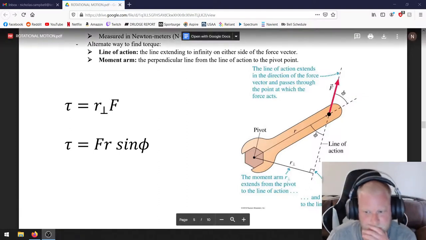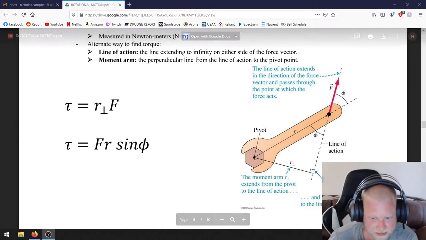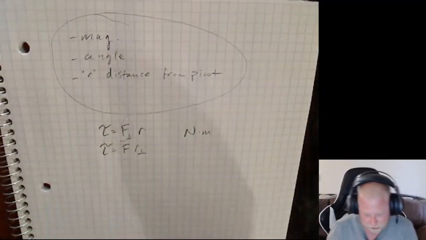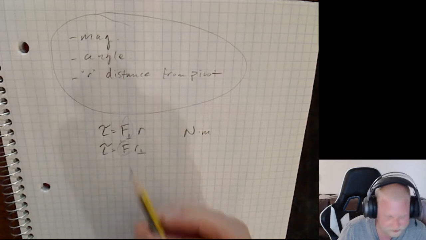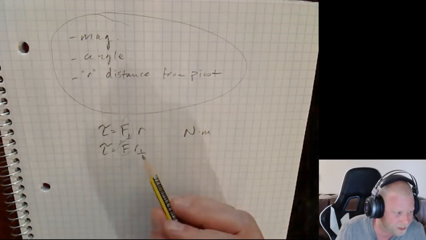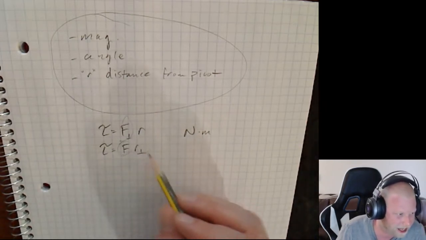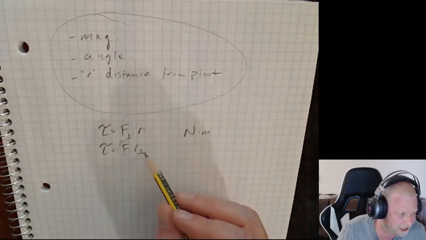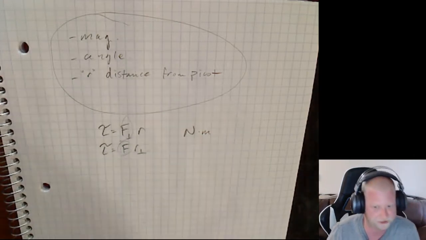Now, what you want to do then is look at taking a ruler, placing it on the pivot, and you're trying to find a straight line that intersects perpendicular to that line of action. And that's what we call the moment arm, right? And so in that case, we're looking at your overall force and that moment arm, that line from the pivot that intersects perpendicularly to that line of action, and that will give you your torque.